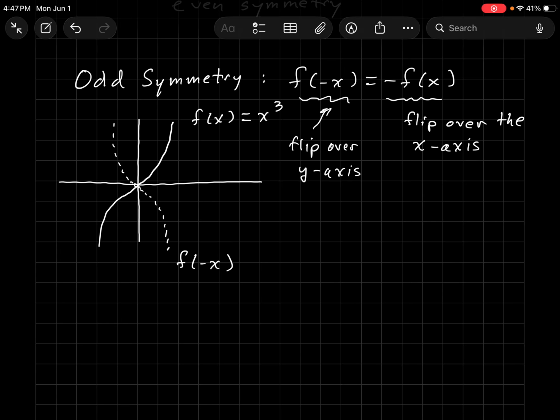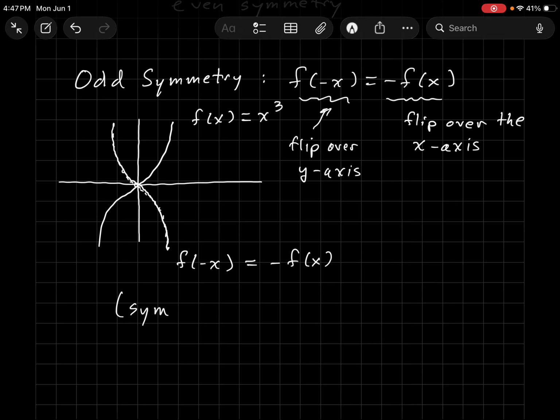So if I were to flip my original function here over the x-axis, do you see how it would land exactly on my dashed line? So I'll fill that in now. That is, f of negative x equals negative f of x. That is odd symmetry graphically.